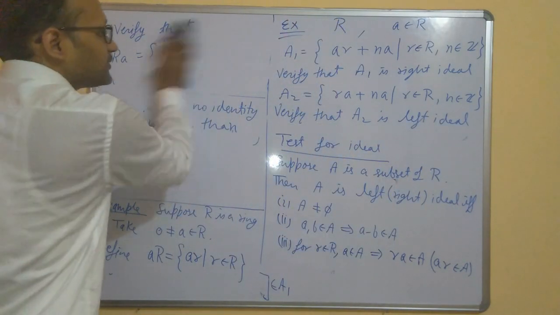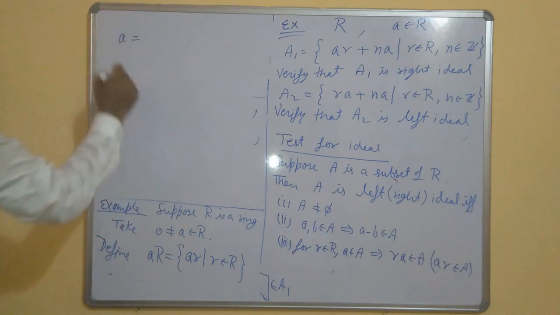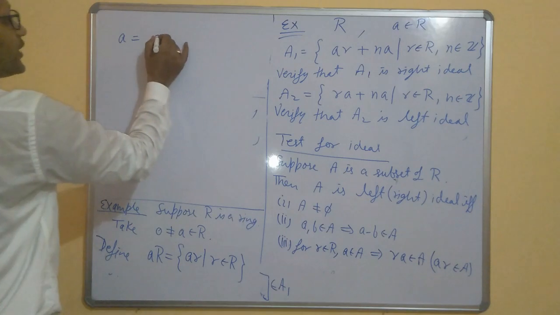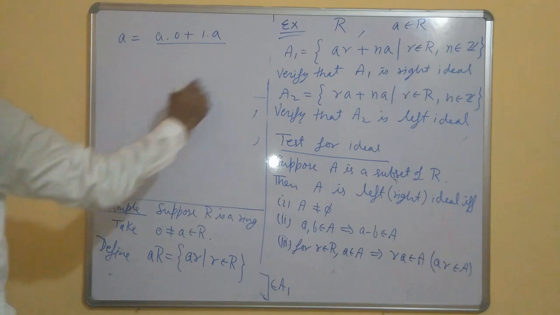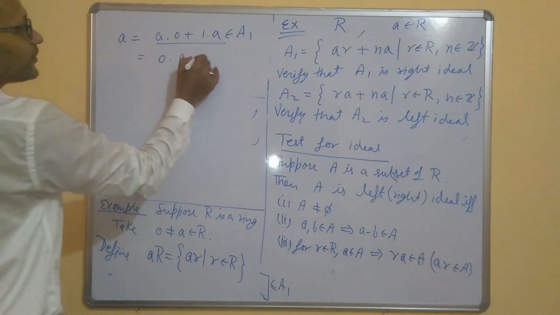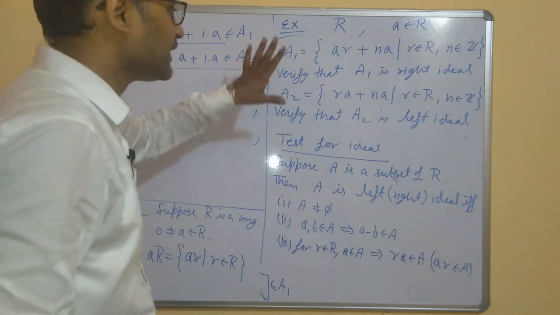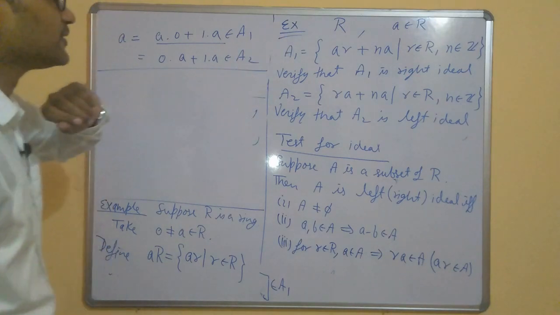And one thing you can observe, that because this is N into A and N is an integer, you can write A as A into 0 plus 1 into A. So this belongs to A1, and you can write 0 into A plus 1 into A, so it also belongs to A2. So both the sets contain A also.